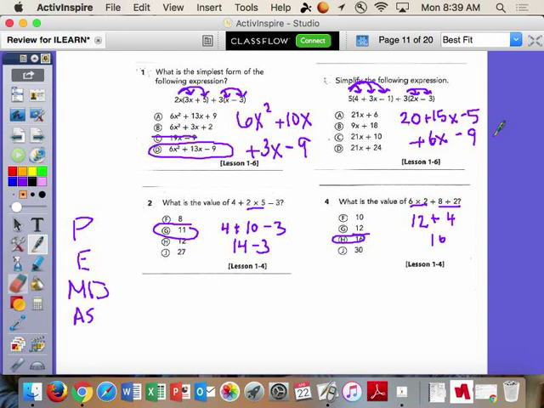Well, hold up. We got a lot going on here, don't we? So I'm going to circle that, square that, circle that, square that, circle that. I'm going to add my x's first just because they're easier. 15 plus 6 is 21. What's 20 minus 5? 15. Minus 9?